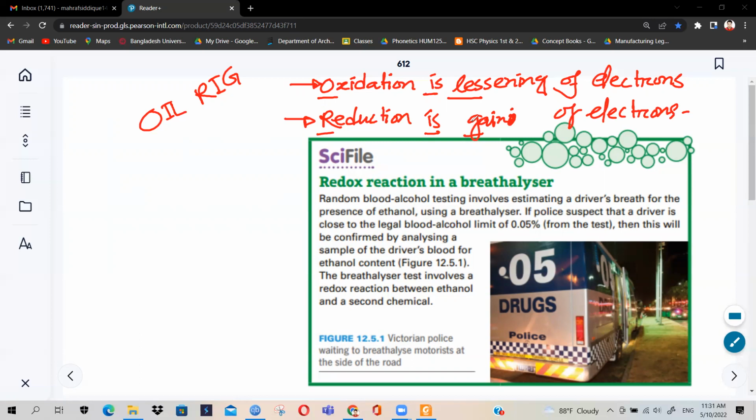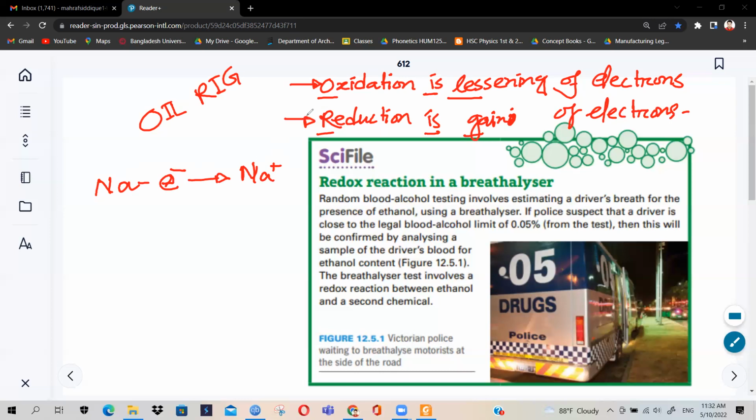Again, if I give you a very simple example, say sodium donates an electron, or sodium loses an electron. Which process is it? Reducing?